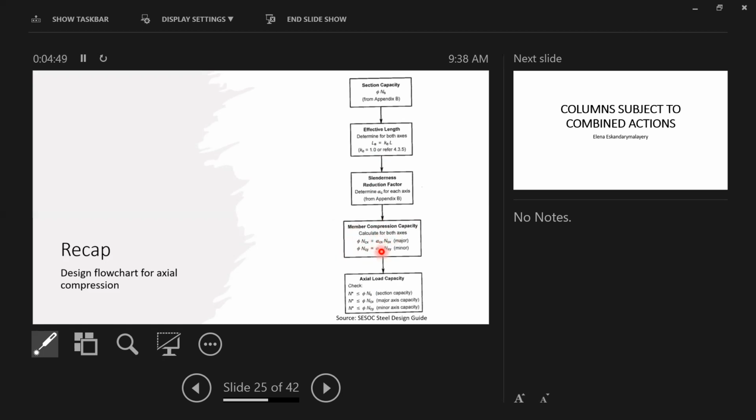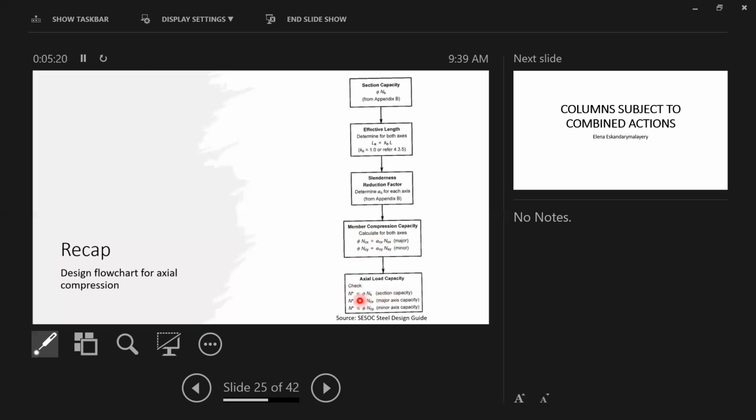In Y direction, there is a higher chance of buckling, so you need to calculate for X and Y separately and see which one is less. So you calculate both of them, and the minimum value between these two gives you the phi Nc that you need to compare it with N star, which is your design axial force.